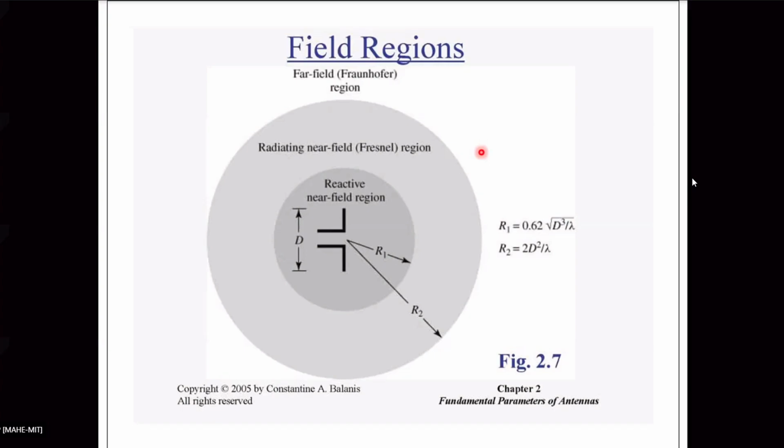When you derive the expression for power density, E into H, power per unit meter square, at different points, you will see that it has a real part and an imaginary part. In the near field region, the reactive field dominates, and the real power is almost zero.